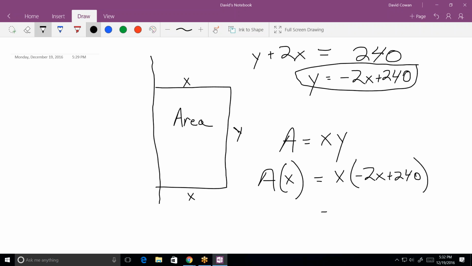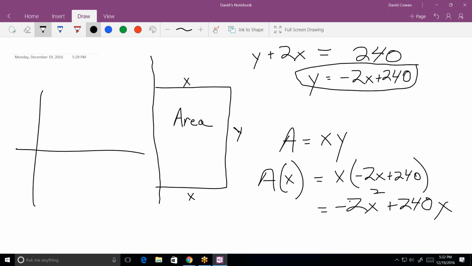And that turns into what? Negative 2x squared plus 240x. What is that? A parabola. Correct, it's a quadratic. Does the parabola open up or down? Down.